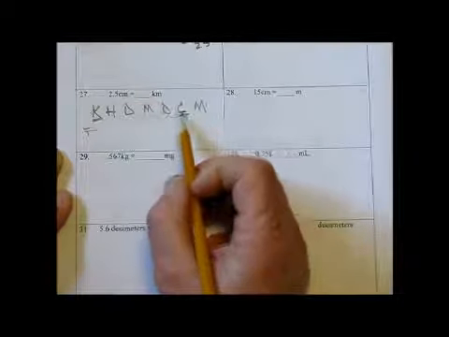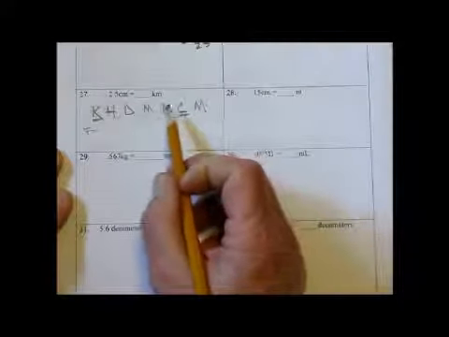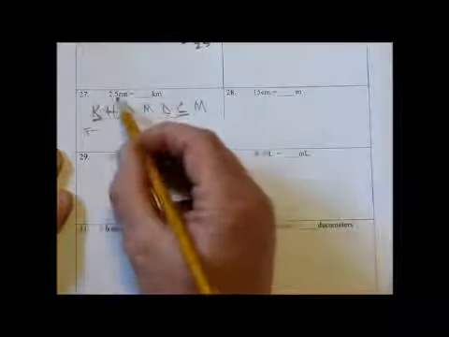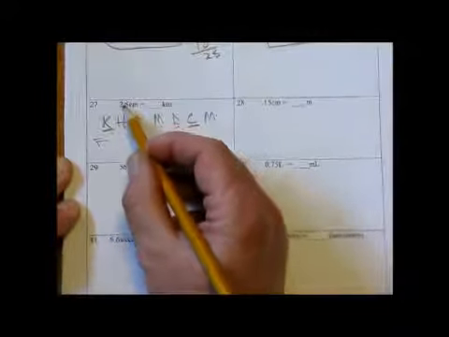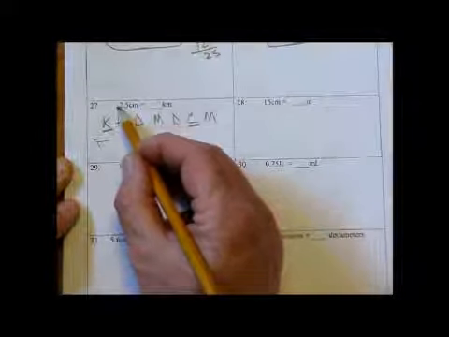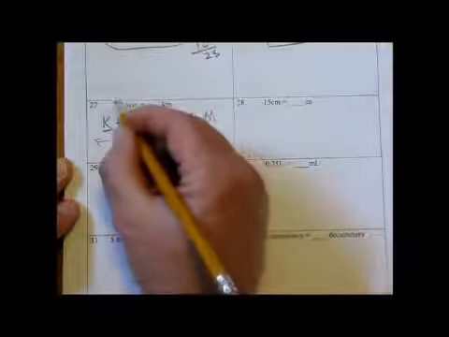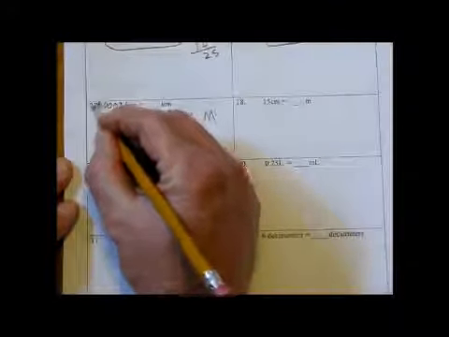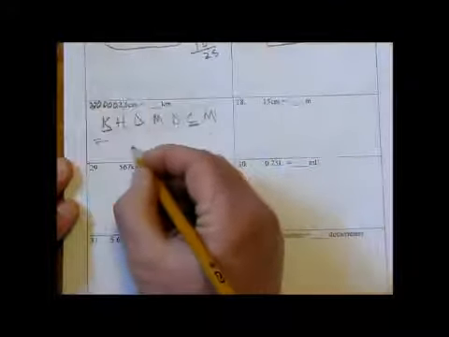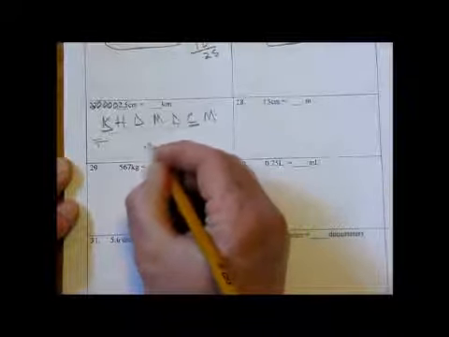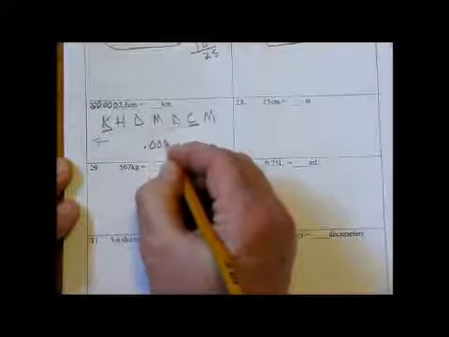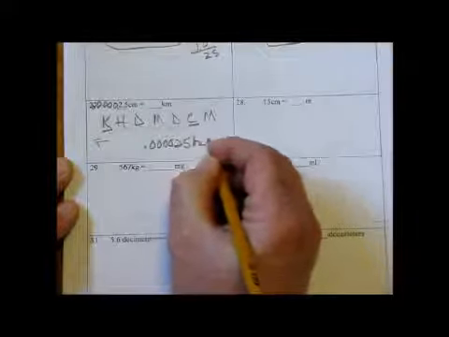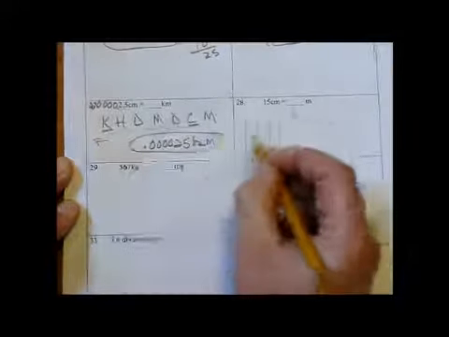Don't count where I'm starting from, but start counting here. 1, 2, 3, 4, 5. So now I have this 2.5 here. I'm going to go 1, and then 2, 3, 4, 5. I'm running into my number there. But this is equal to 0.00025 kilometers. Okay, so that's your answer.